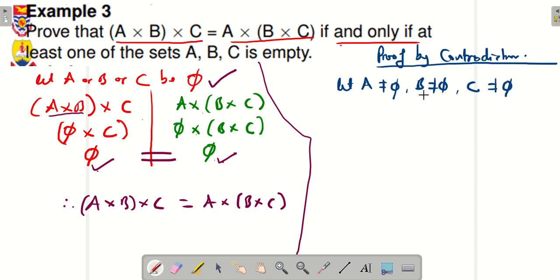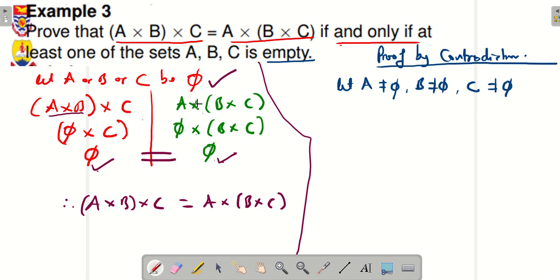So it means that the statement which says that A, B, and C should be an empty set, we are making a counter statement that they are not empty sets. If they are not empty sets, then their Cartesian product will result in some ordered pair.